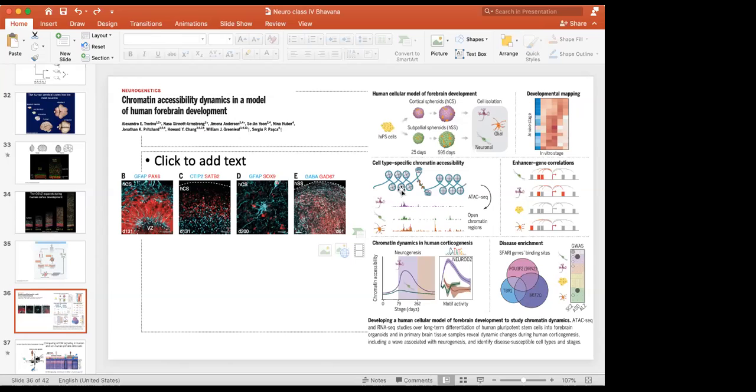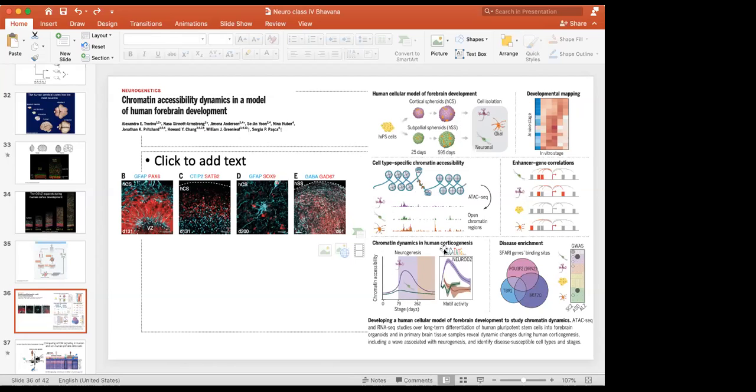As the brain goes from a proliferative zone to a more differentiated zone, the chromatin accessibility changes, so he recorded precisely how it changes over developmental time points.